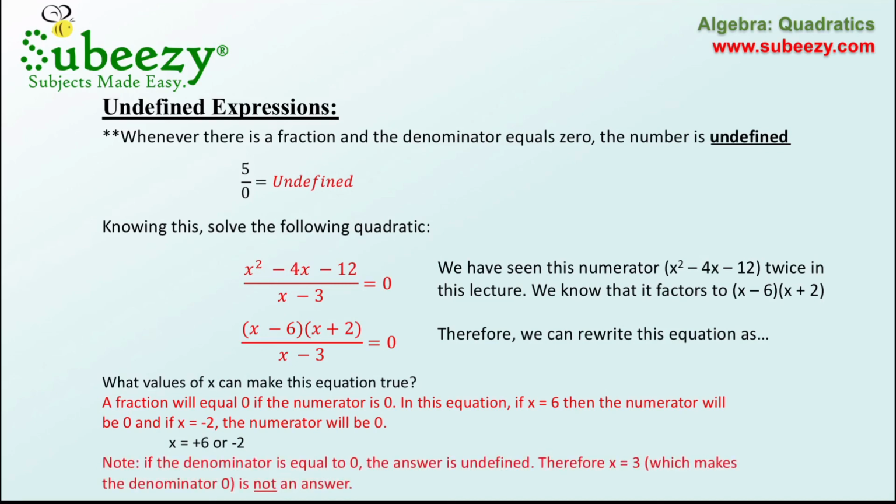But note, if the denominator is equal to 0, the answer is undefined. Therefore, x equals 3, which makes the denominator equal to 0, is not an answer. Whenever you are presented with a quadratic problem with a fraction, you must always identify which values of the unknown variable will result in an undefined expression.